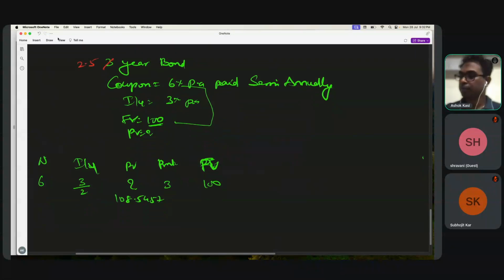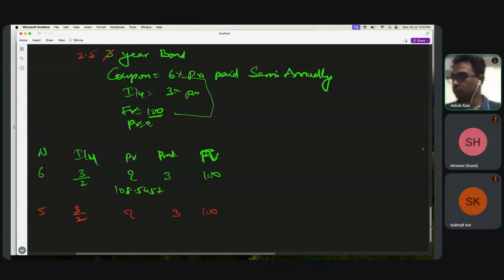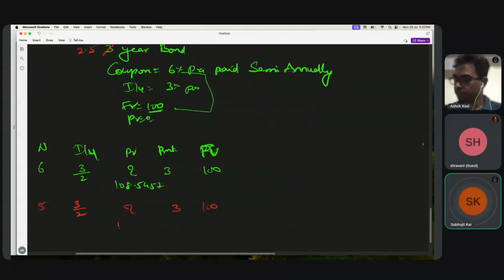In a 2.5-year bond, N will be 5, IY 1.5, payment 3. Calculate the present value. 107.1739.